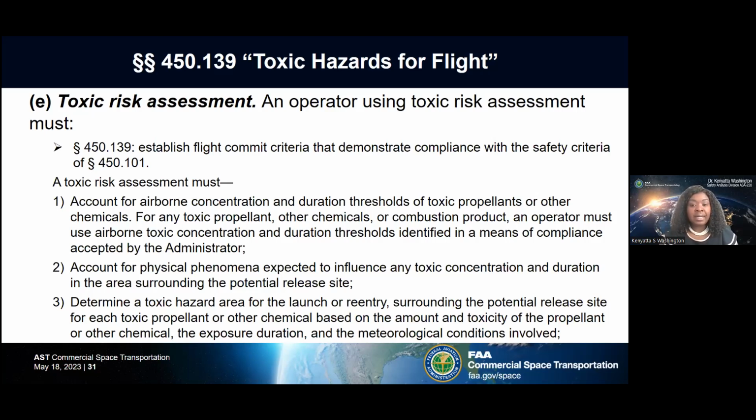The FAA expects a toxic risk assessment to include airborne concentrations and duration thresholds of toxic propellants or other chemicals such as dose response, peak concentrations of exposure to toxic release. We also expect the toxic release risk assessment to account for any physical phenomena expected to influence any toxic concentration in the area surrounding the potential release site. And finally, it should include hazard area identification, including the population or receptor locations.